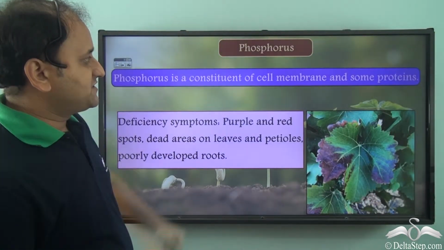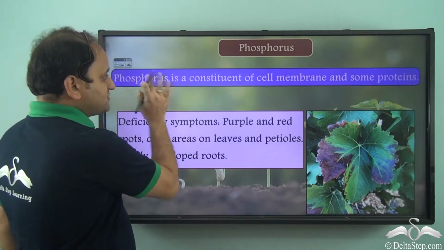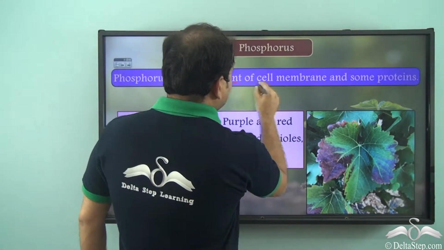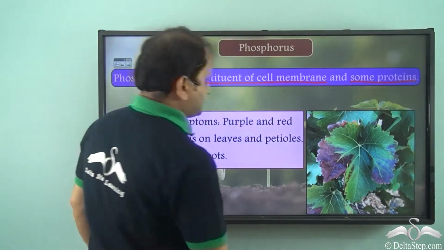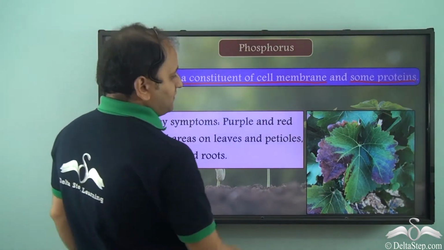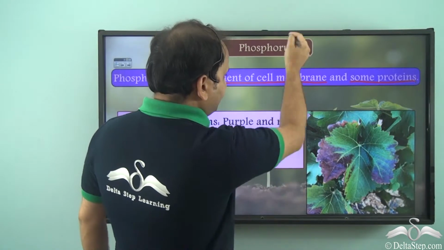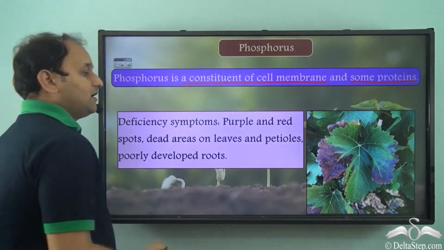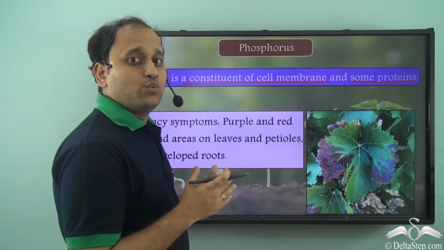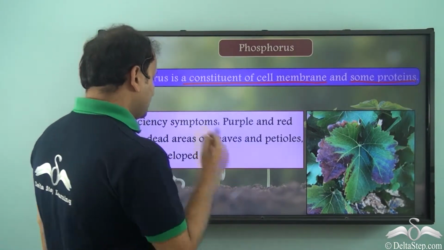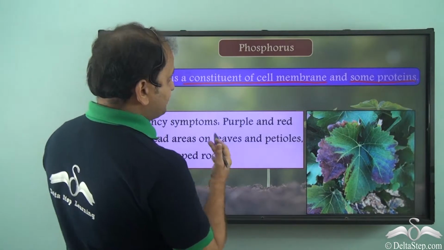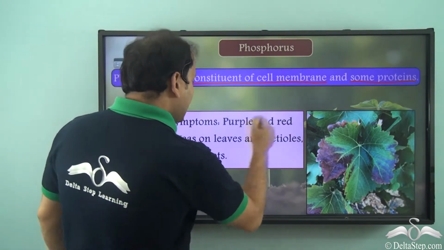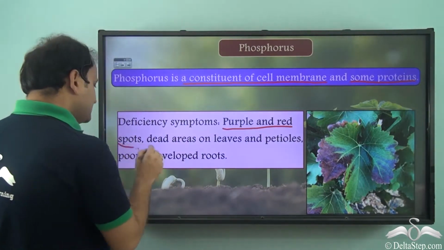Let's come to phosphorus next. Phosphorus is a constituent of cell membrane and also some proteins. So, definitely if the plant is deficient in phosphorus, then many major activities will get hampered. So, what are the deficiency symptoms? Well, you will see purple and red spots.